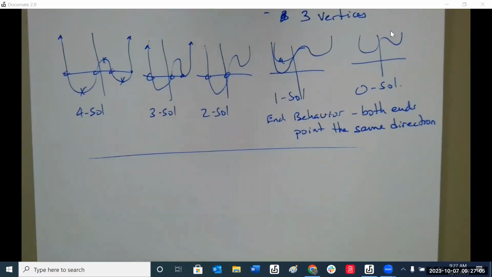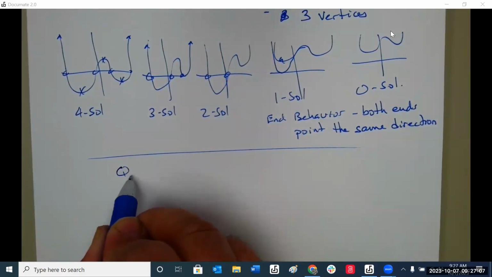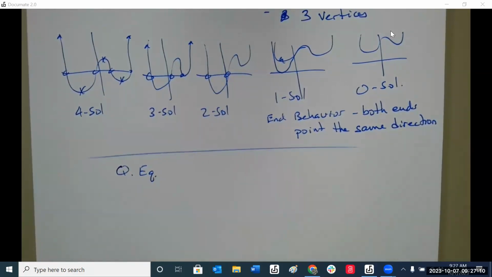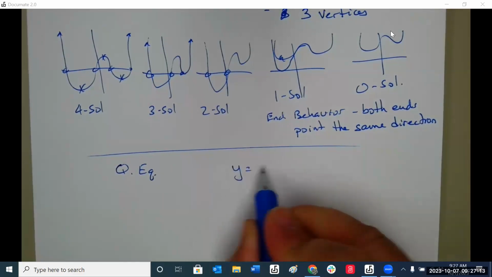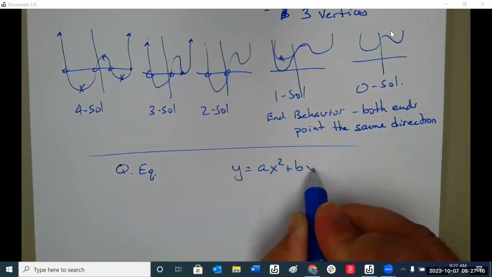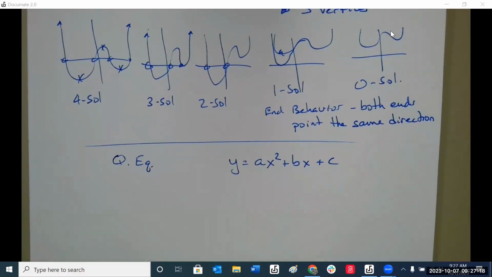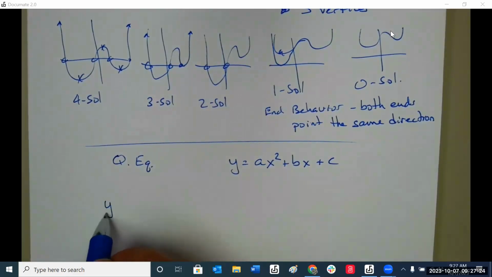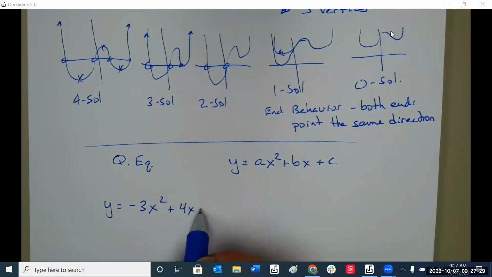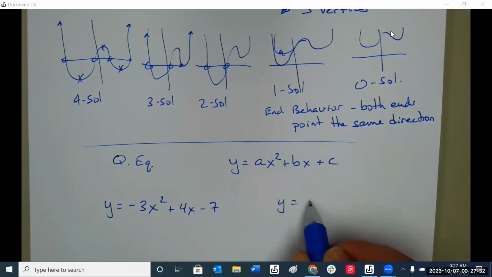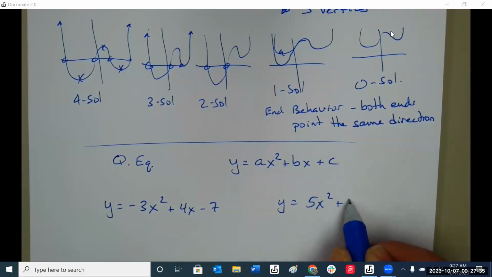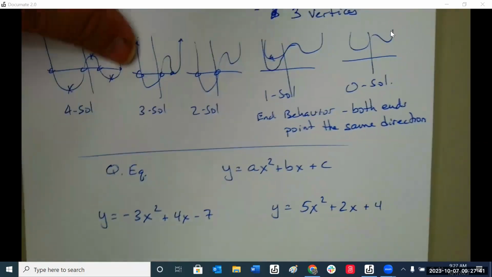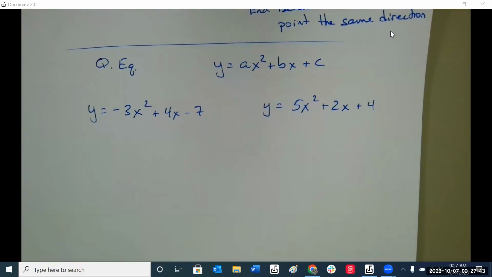So back to what we're talking about, quadratic equations. Quadratic equations, QEs. So with what I just told you, what can you tell me about these 2 graphs?